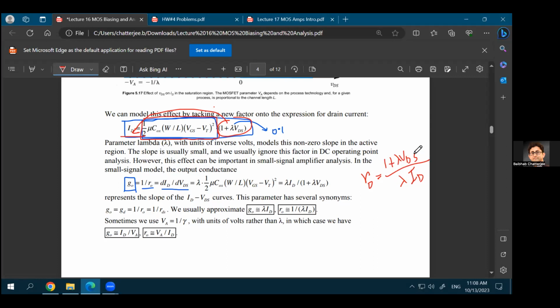But if you assume that this lambda VDS term is very small, because lambda itself is very small, 0.1 or 0.05, so it's very, very small, you can ignore this term as compared to 1, because this will be 1 plus 0.05 or 1 plus 0.1, something like that. So if you ignore this term with respect to 1, RO will be almost equal to 1 over lambda ID. That is one equation that you can use in your calculations, in your homework, or in your exams, that your output resistance will be 1 over lambda ID.